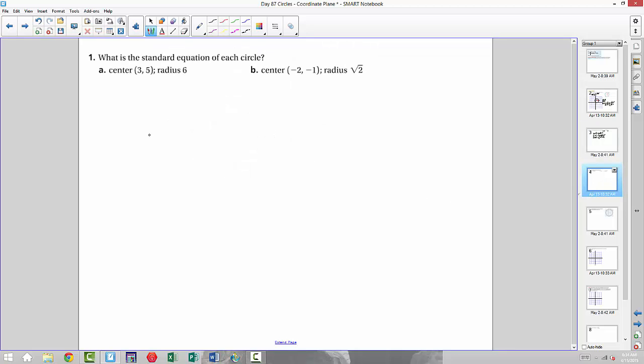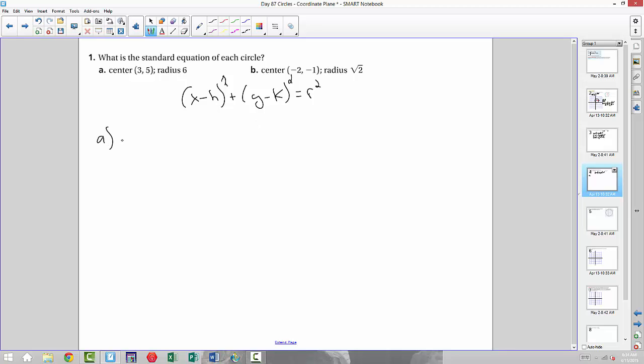So, more practice. Your standard form of equation, I'll put it general, is (x minus h) squared plus (y minus k) squared equals r squared.